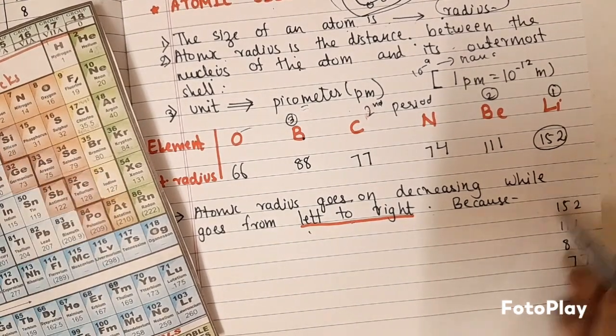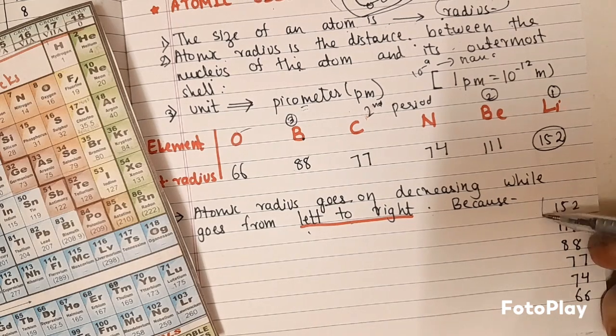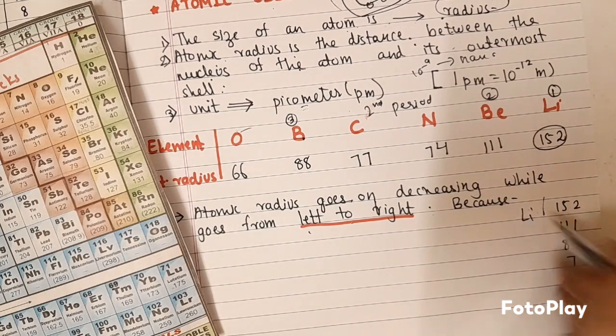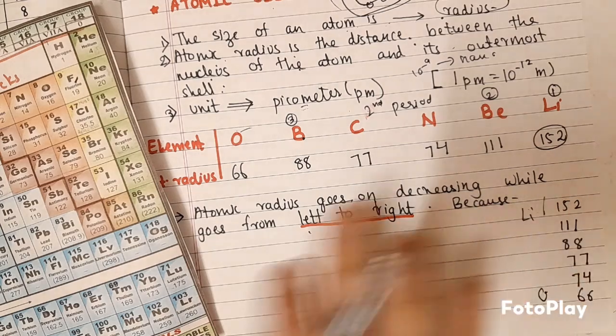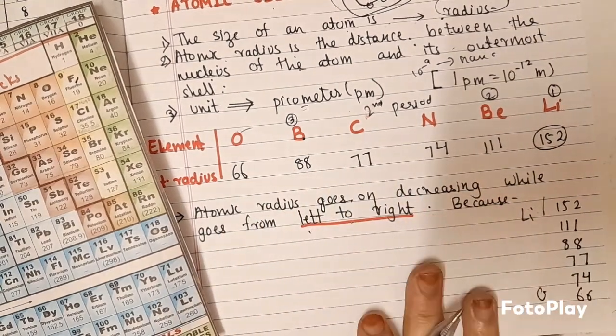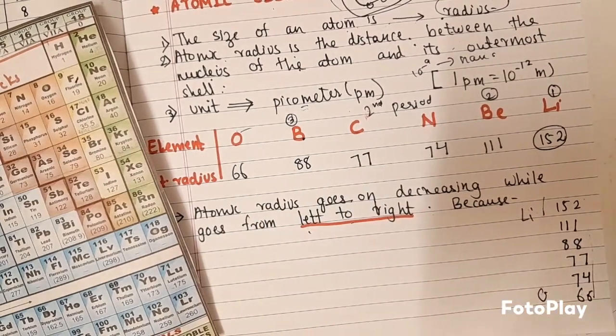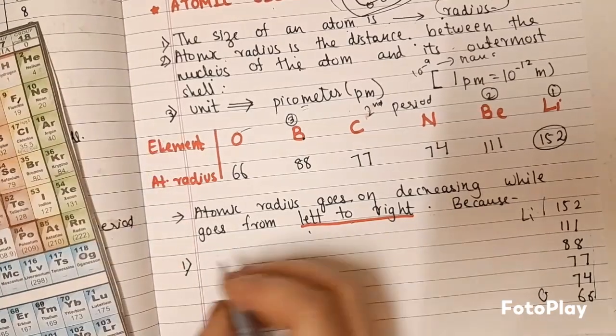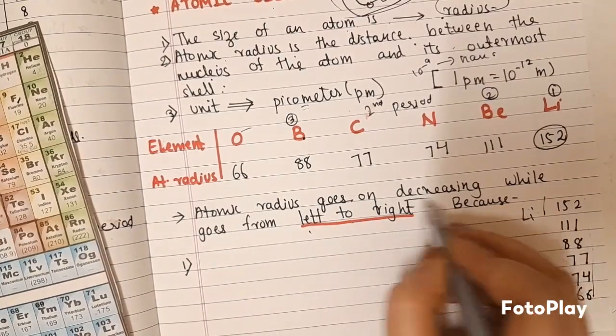As we move left to right, from lithium to oxygen, you will clearly observe that the atomic radius goes on decreasing.